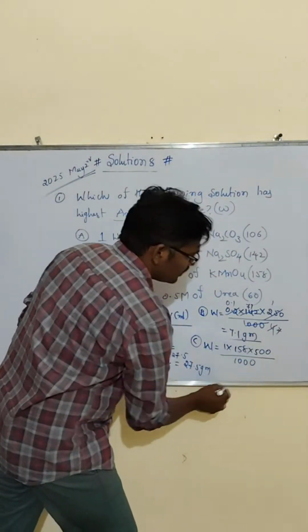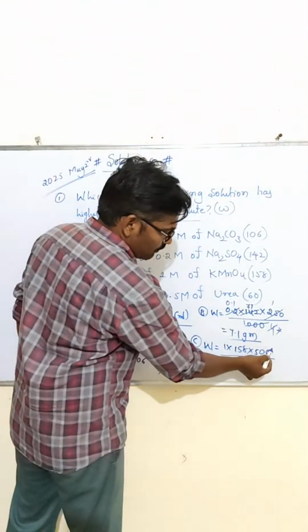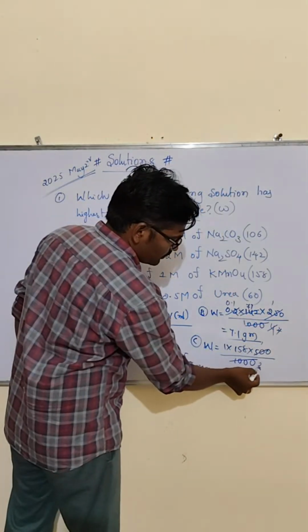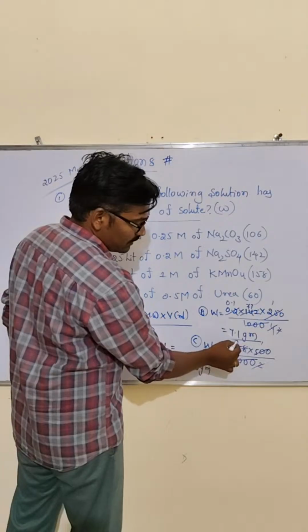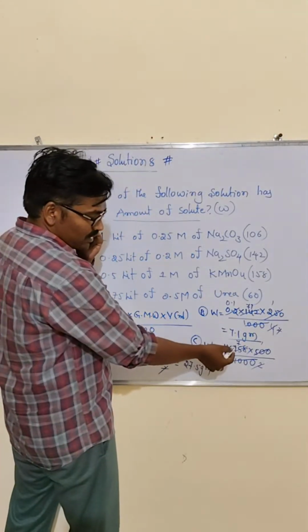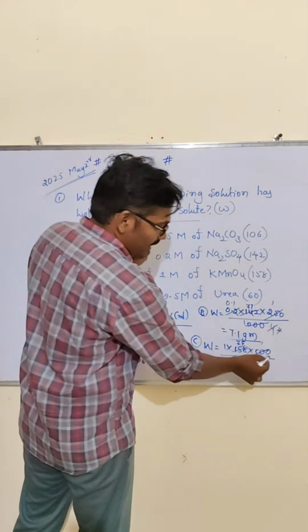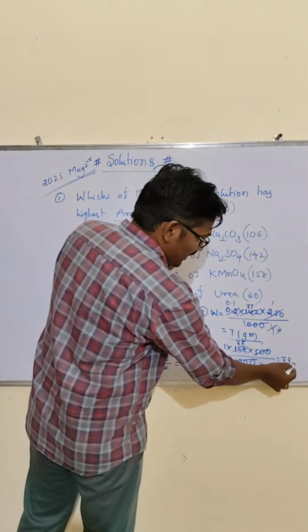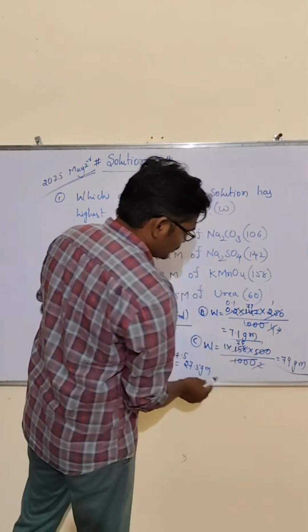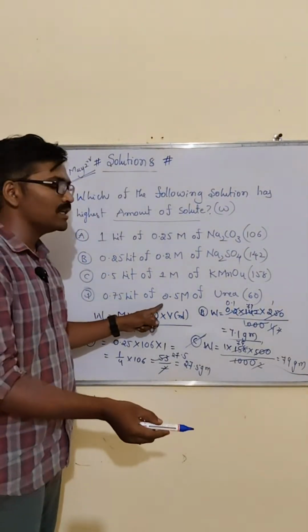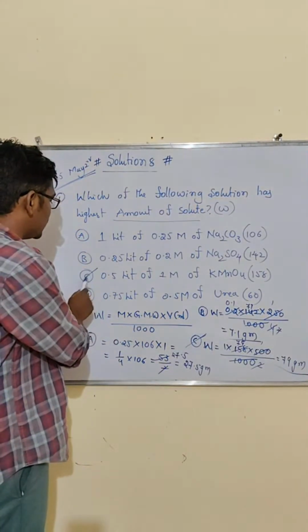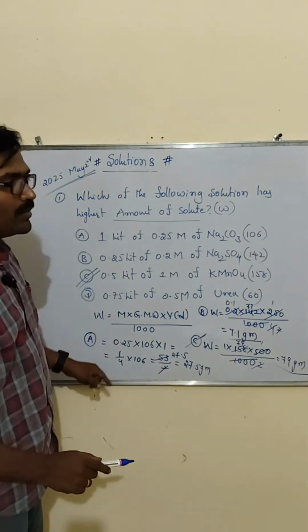So half of 158, that gives 79 grams. This is the highest amount. So C is the highest amount. Even if you calculate the fourth option also, you get a lesser amount. So the answer is C. Understand, my dear students?